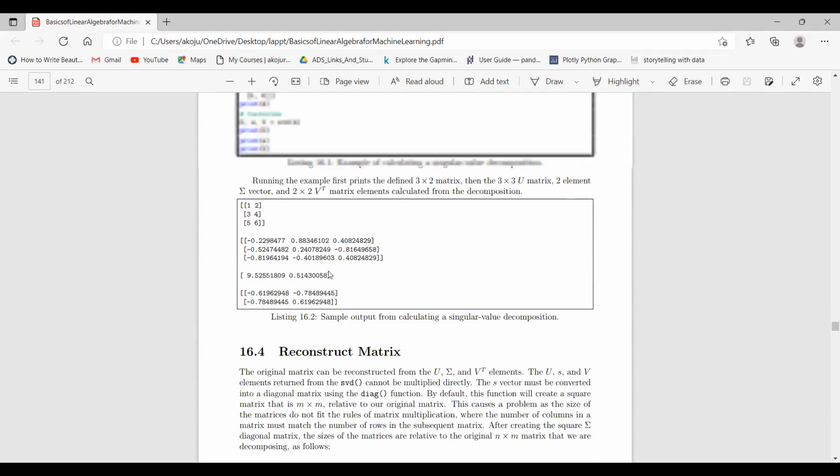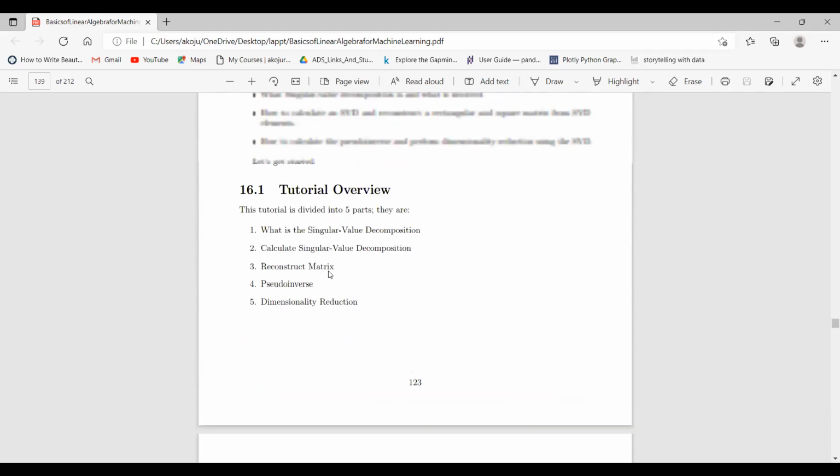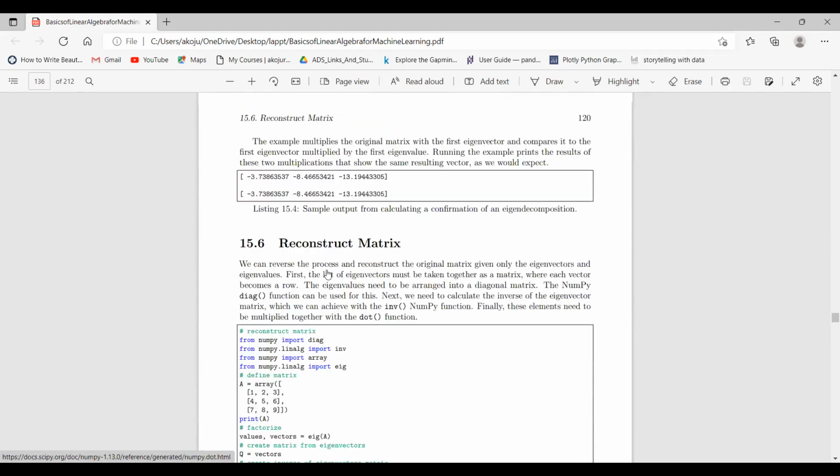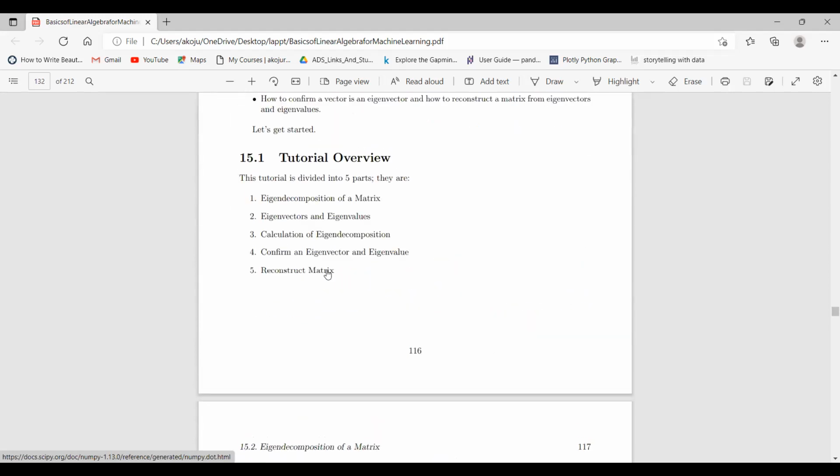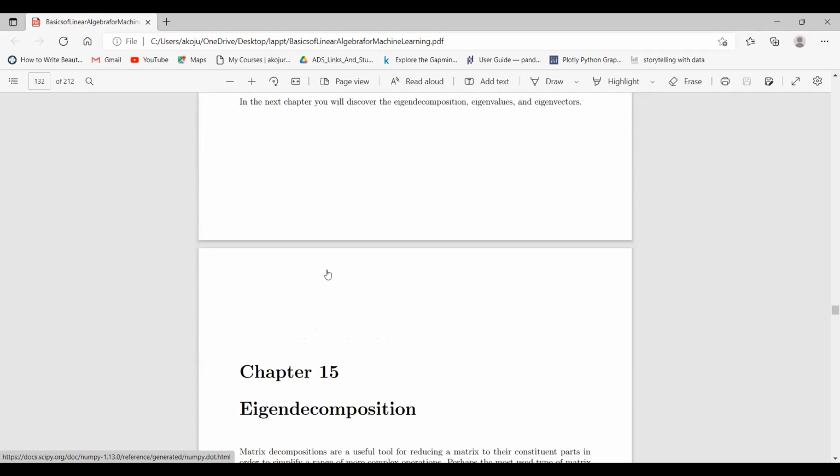Singular value decomposition: if we have a matrix of order m by n, and it is very large, and the matrix operations are very hectic even for the computer, then we need to decompose it into constituent parts so that the computer or machine can perform the matrix operations easily.